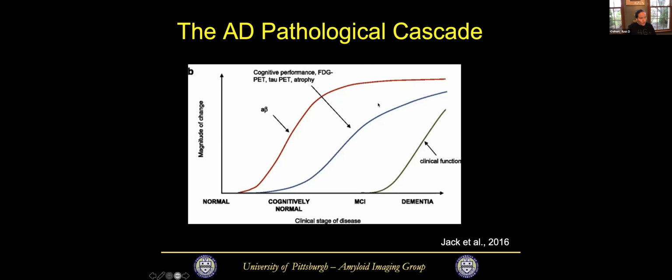And so these are all the things that we're interested in looking at in order to, one, better detect Alzheimer's disease pathology earlier, and two, determine what sorts of moderating variables there might be that could modify that pathology or modify your risk of developing dementia in the face of that pathology.